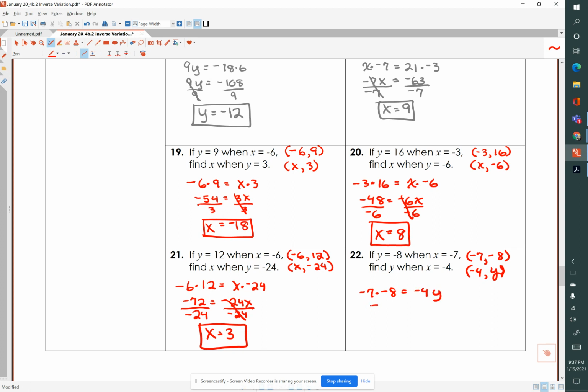Negative 7 times negative 8 is a positive 56 equals negative 4y, and we divide both sides by negative 4, and y equals negative 14, because positive 56 divided by negative 4 is negative 14.